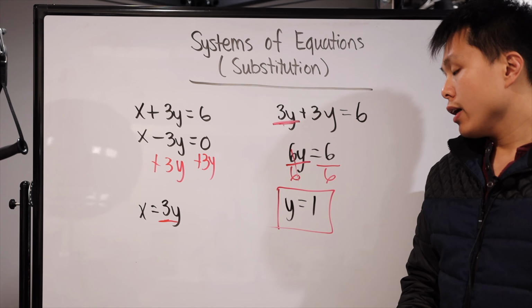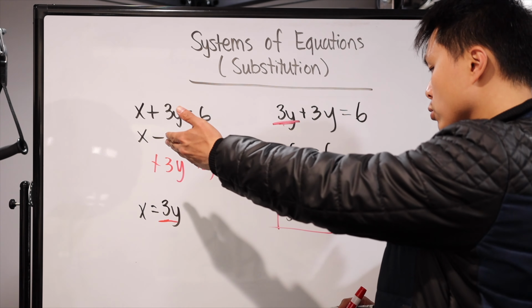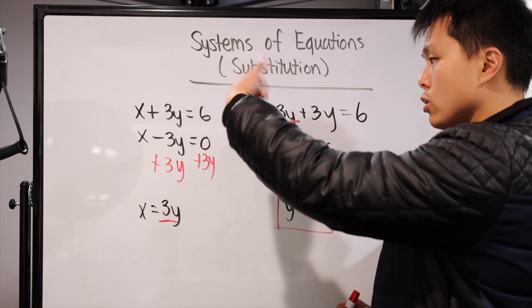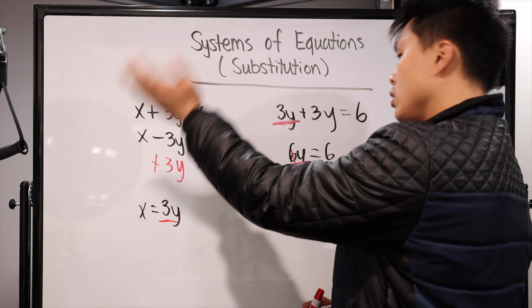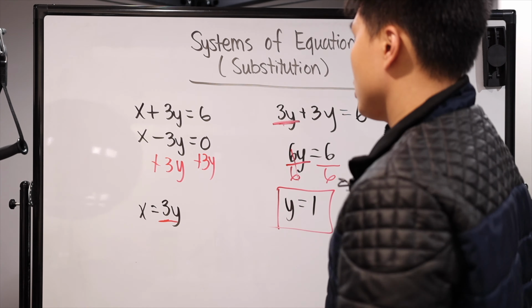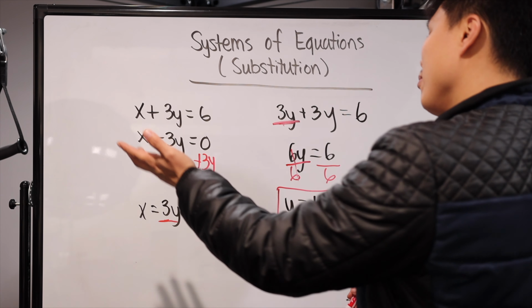Boom. Now, the next thing you can do is pick any one of those two and plug in y and solve for x. I will normally choose the first one, but I'm going to choose the second one just because there's the 0, and it makes life easier.